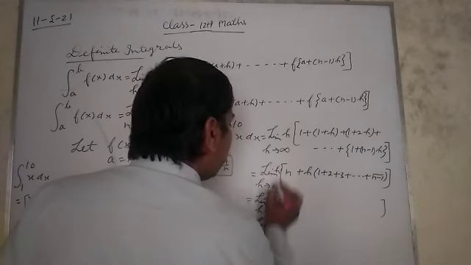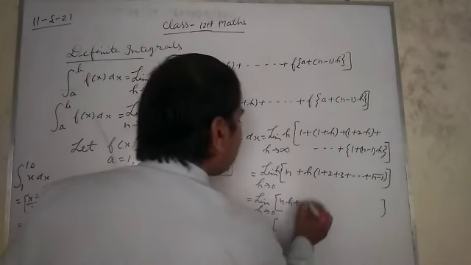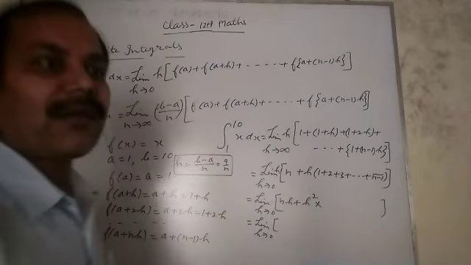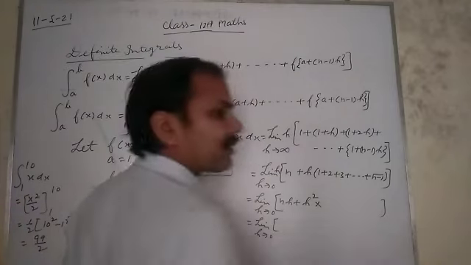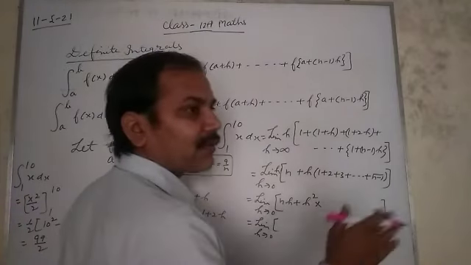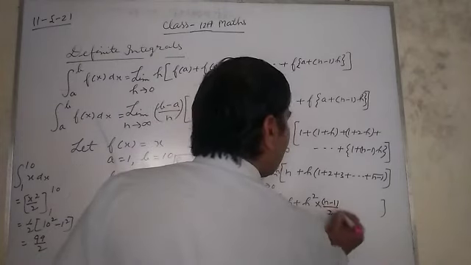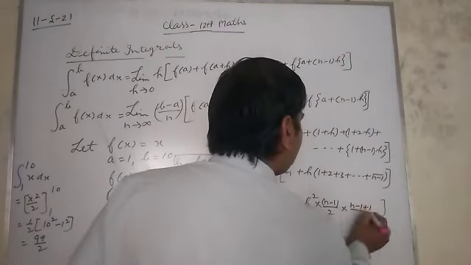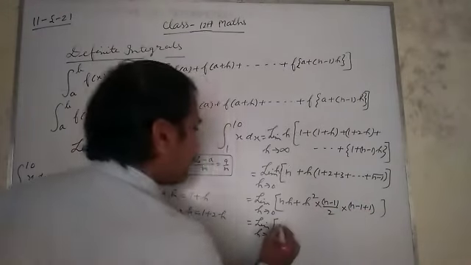So this will be, multiplied by h, nh plus h into h square into, this is representing the sum of n minus 1 terms of an AP. So we know that the sum of n terms is n into n plus 1 upon 2. So in place of n you put n minus 1: n minus 1 into n minus 1 plus 1, by 2.